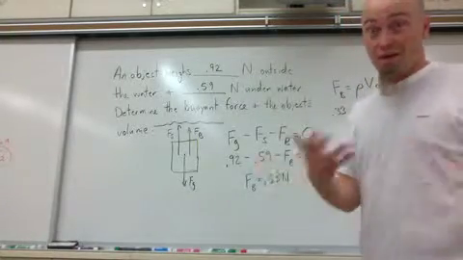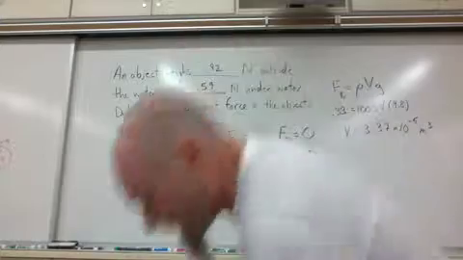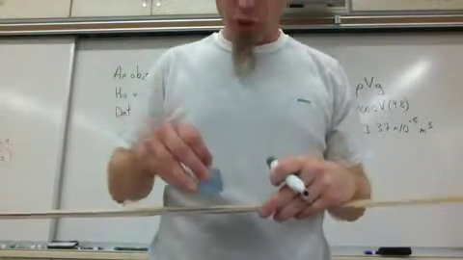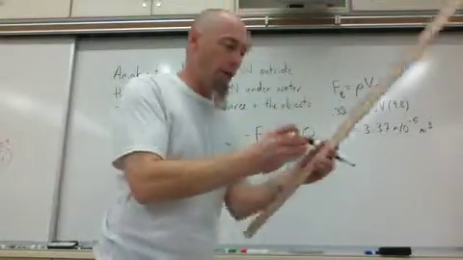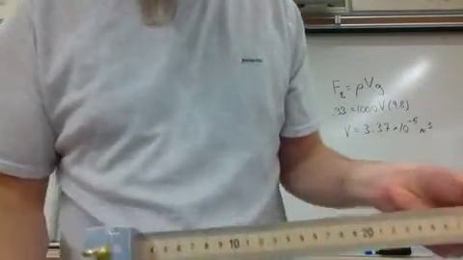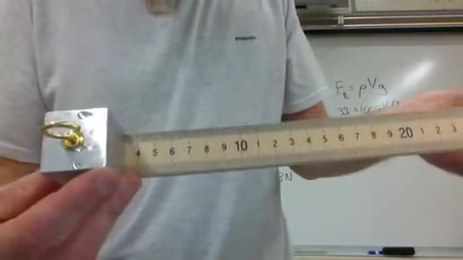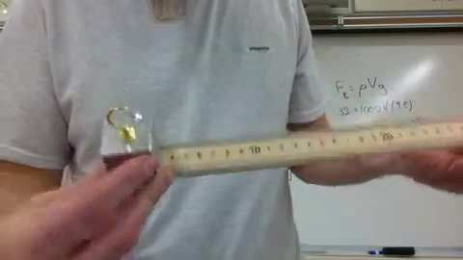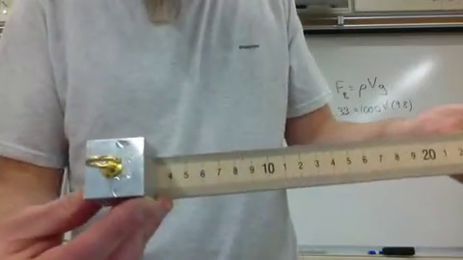Let's see how accurate it actually came out to be. If I use my meter stick and measure the length of the side here, if I hold this up so you can see, it's about 3.2 centimeters. Everybody see?